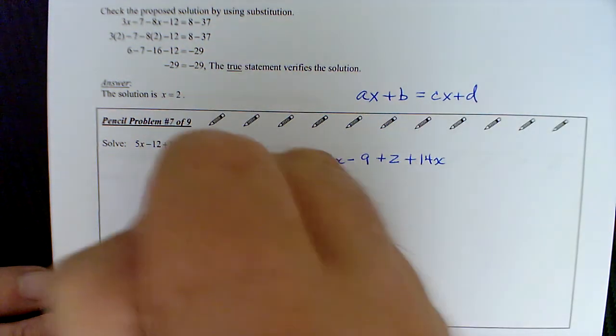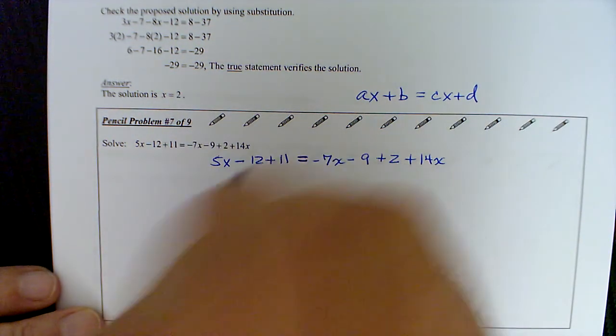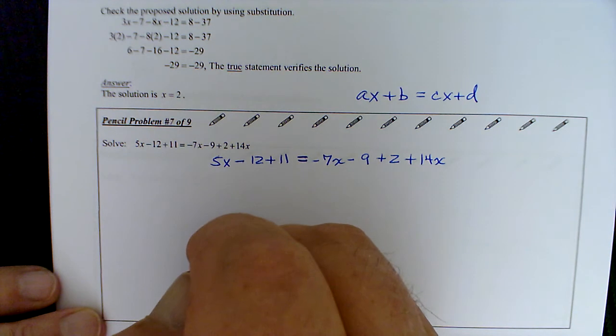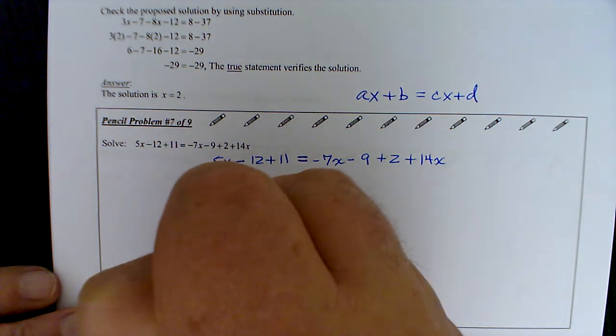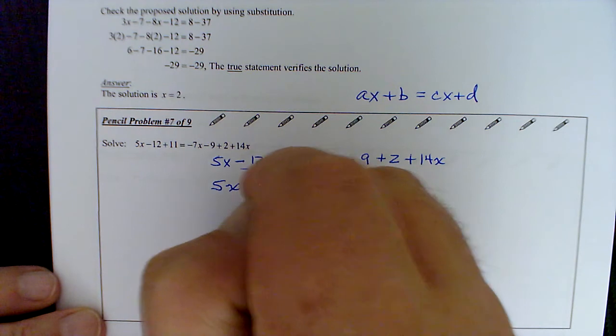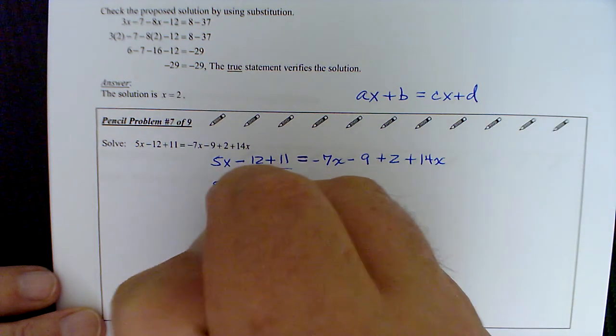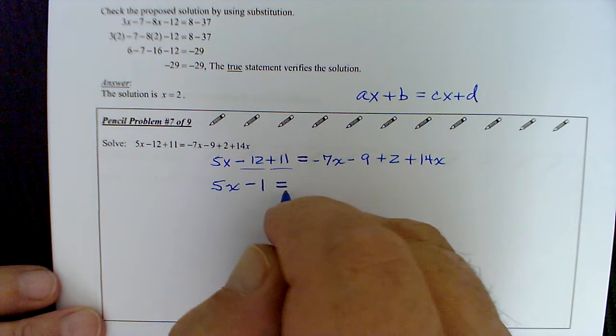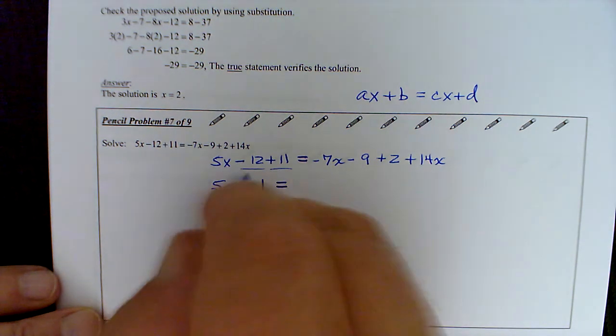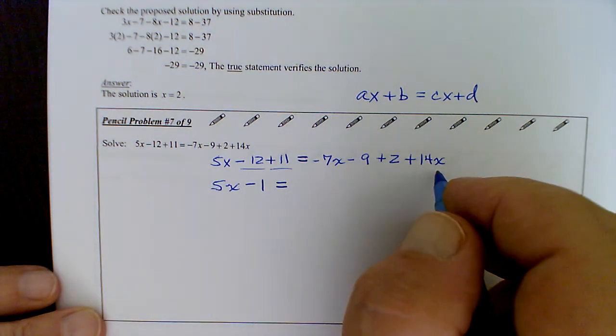Okay, so on the left, I see more than 2 things. That means I could combine something. There's no other x's on the left, so I recopy the 5x, but I can combine the -12 and the +11 to get -1. Now the equal sign is our barrier, so we only combine on the left and the right separately.